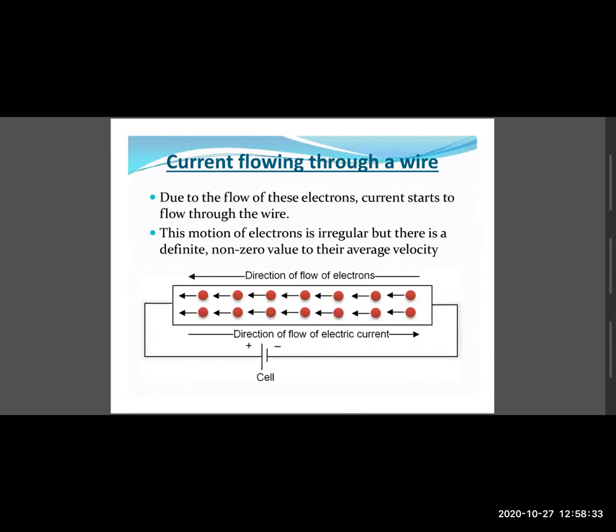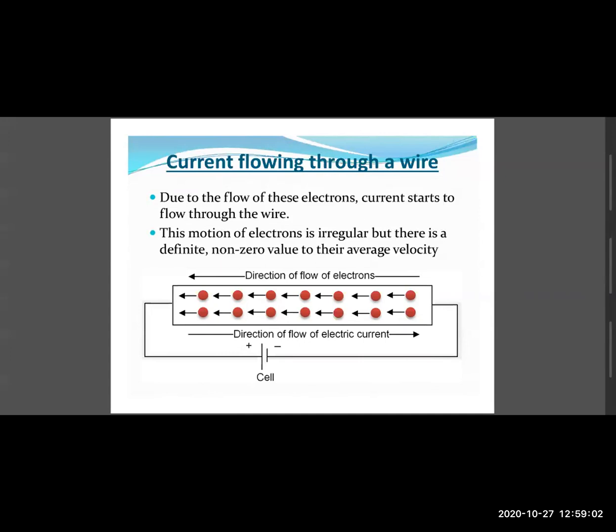And the conventional current is the current which flows from the positive end to the negative end. The reason for this is that the concept of electric current was discovered long back, and at that time they were not aware of the presence of a negatively charged particle. So initially they believed that electric current flows from positive end to the negative end, meaning there must be a positively charged particle, but that is not the case.